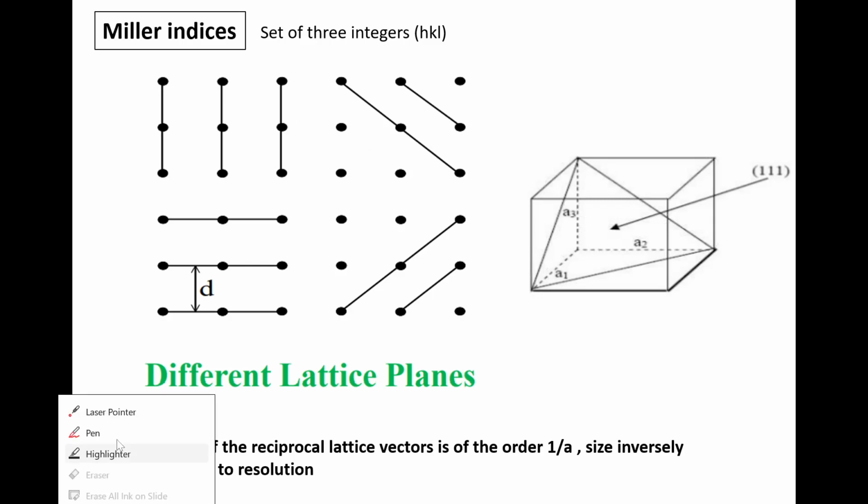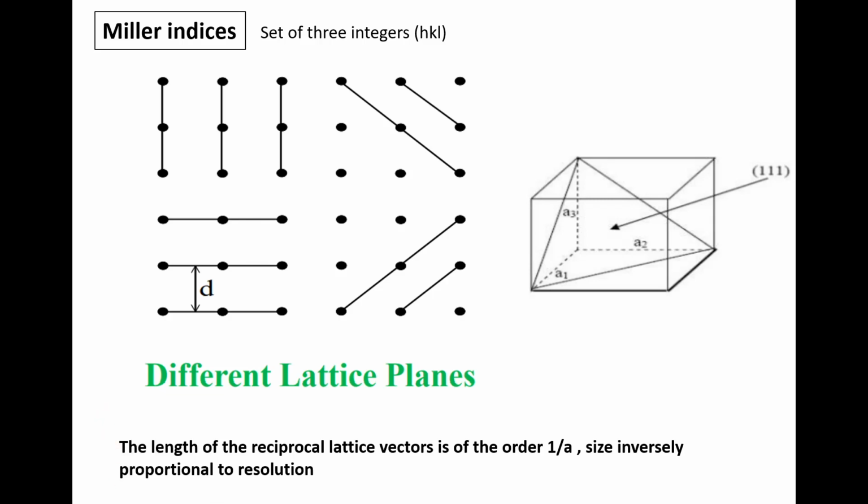One minute, let me take the pen. There are three basis vectors A, B, and C, on the basis of which you can define each and every coordinate of your atoms in real space, right? Now there are different atoms organized here and there.